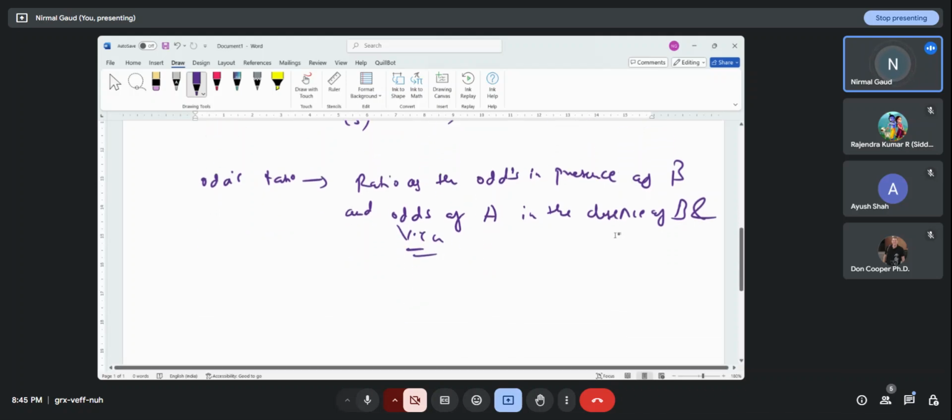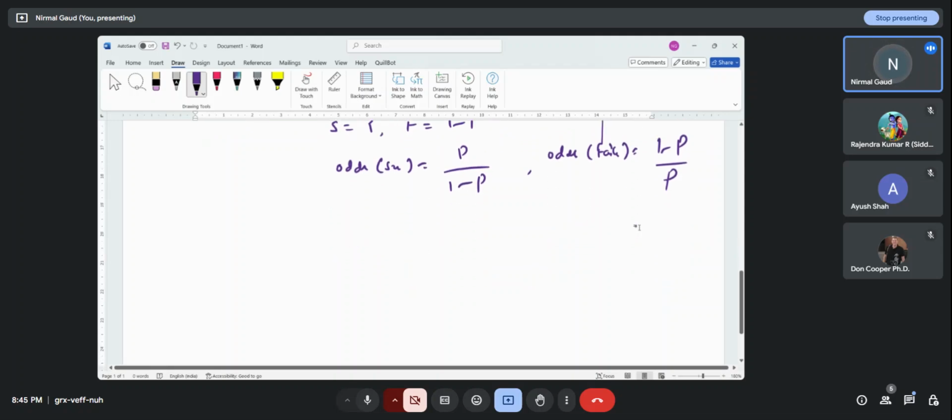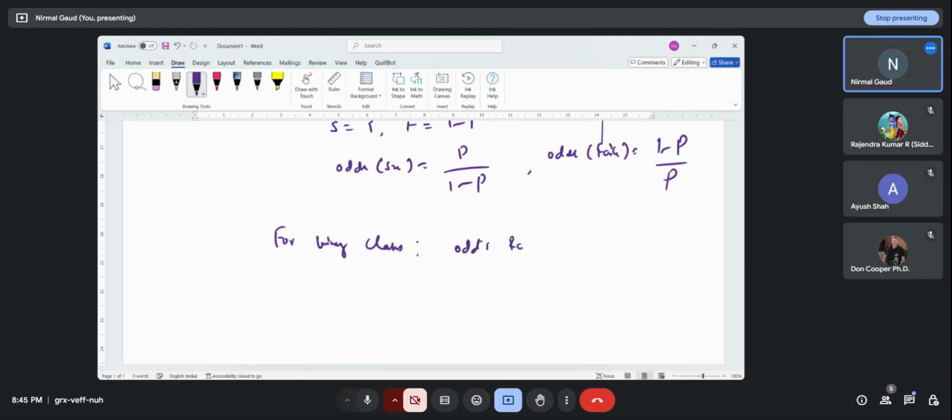Actually, now you can write like this: if probability of success is P, probability of failure is 1 minus P, then odds for success is given as P upon 1 minus P. Odds for failure can be given as 1 minus P upon P. And for binary classes, we can give odds ratio as P1 upon 1 minus P1 over P0 upon 1 minus P0.